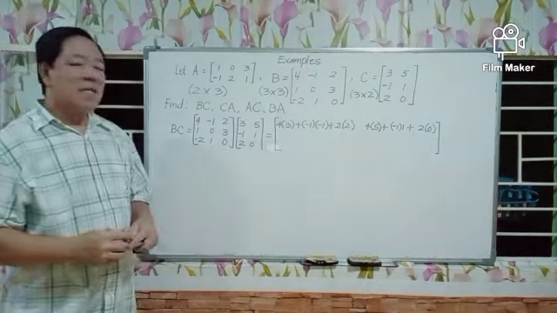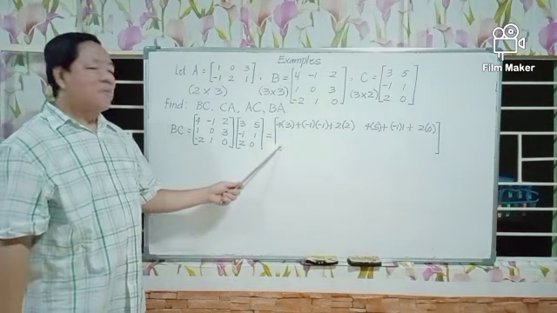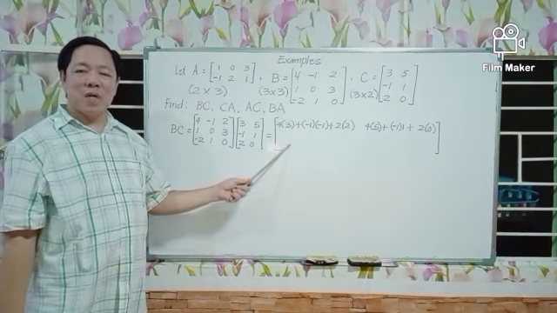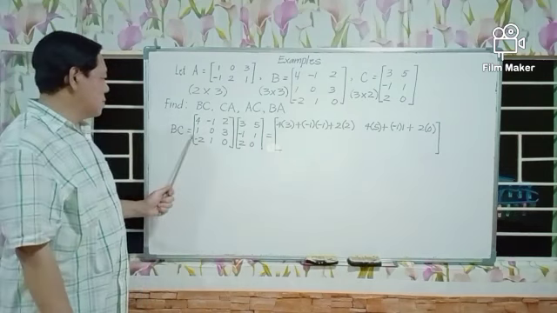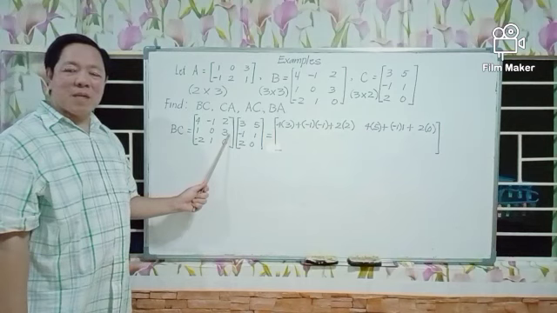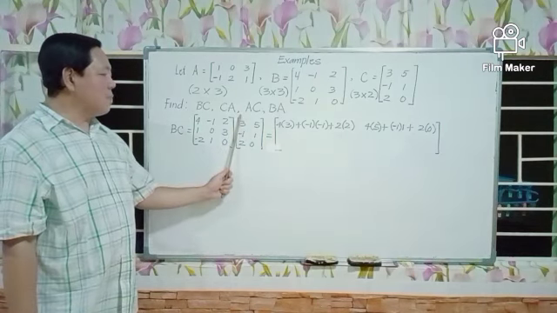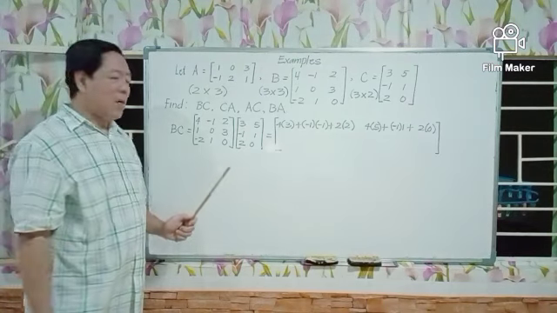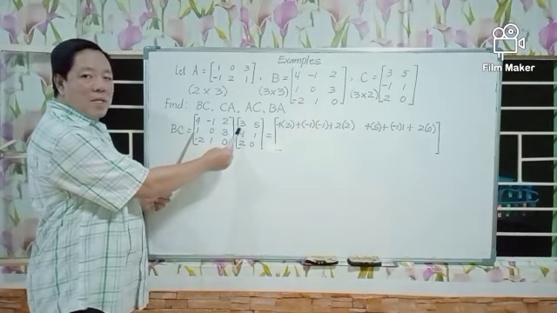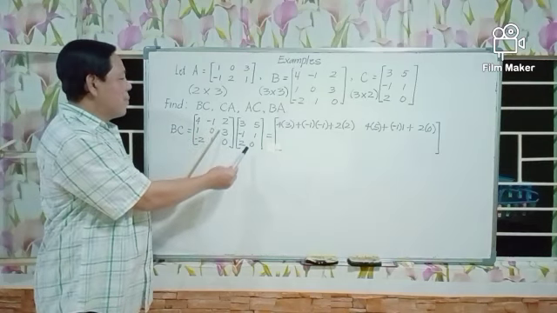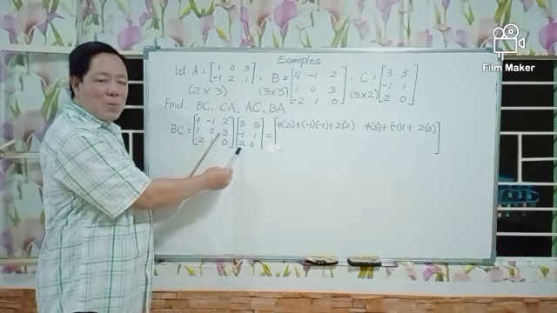Now we get the entries of the second row, first column. The entry in the second row, first column is obtained by multiplying the second row of the first matrix by the first column of the second matrix, and we add the products. 1 multiplied by 3 plus 0 multiplied by negative 1 plus 3 multiplied by 2.